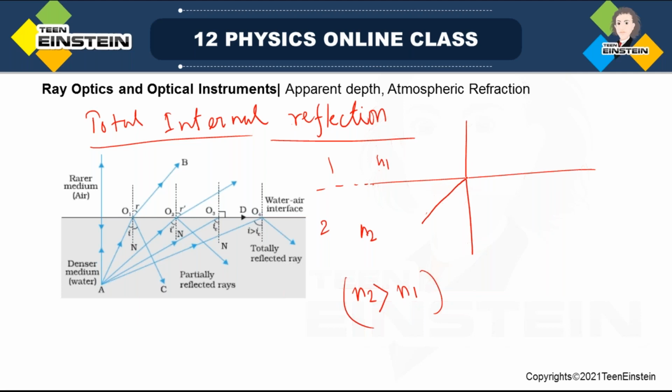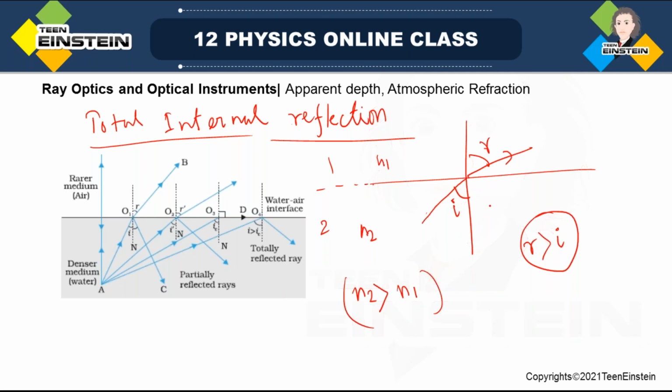Then what happens? In general refraction, this is the rarer medium, so the ray goes away from the normal. This is r, this is i, and r is always greater than i in general.